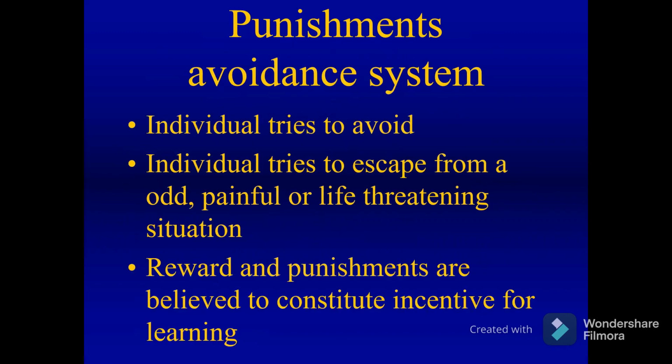Then there is a punishment avoidance system. Individuals try to avoid or escape from an odd, painful, or life-threatening situation. So basically we have two systems, the reward system and the punishment system.